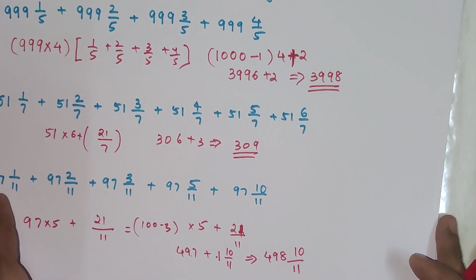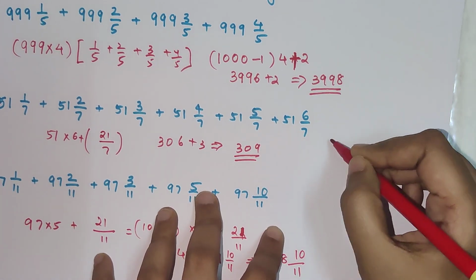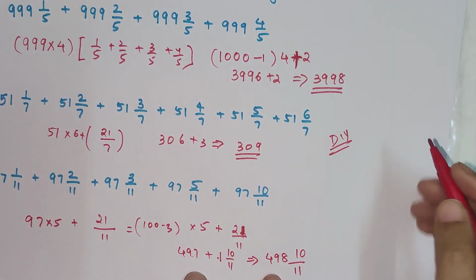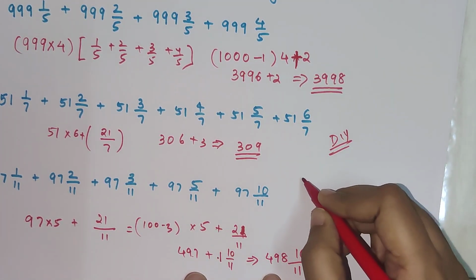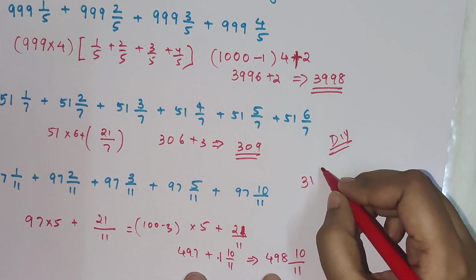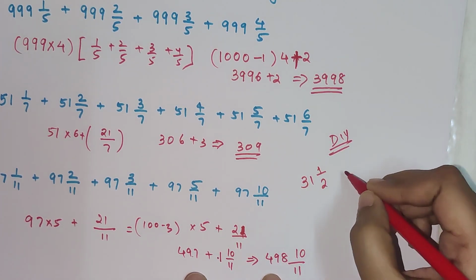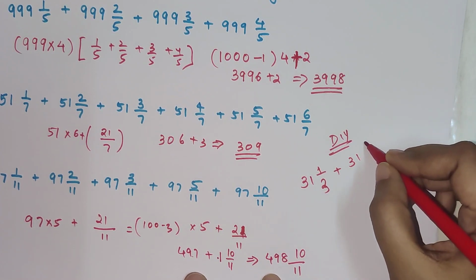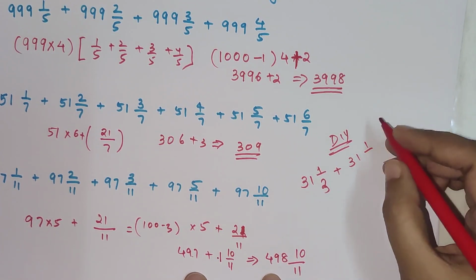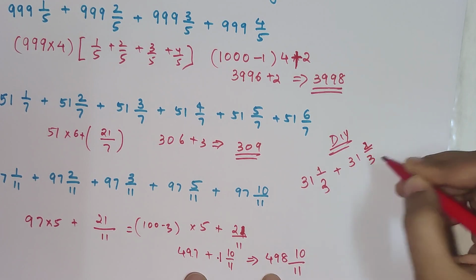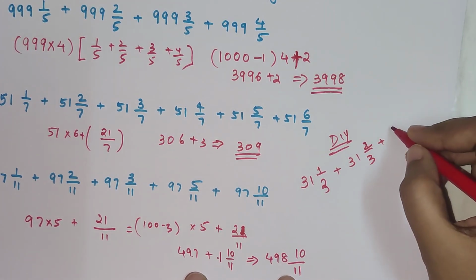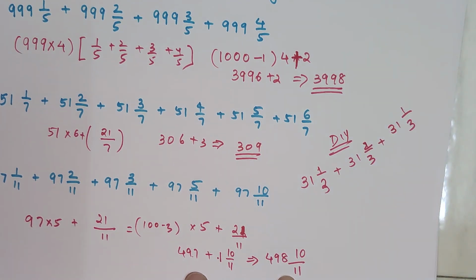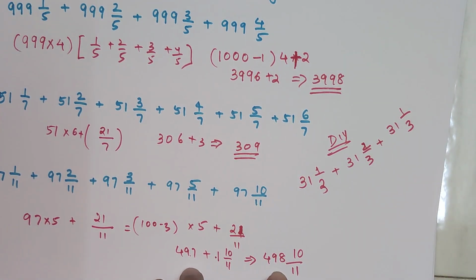Okay. So now coming to your DIY. So your DIY is 31 1/3 plus 31 2/3 plus 31 1/3 again.